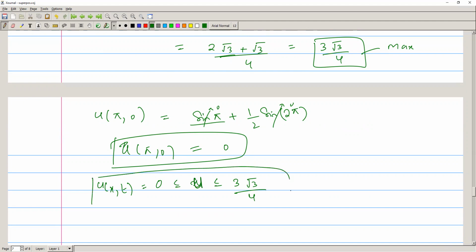All right, so this is the maximum and minimum principle for partial differential equations, and you can find the maximum and the minimum this way, right? So you can take more examples on the maximum and minimum principles.